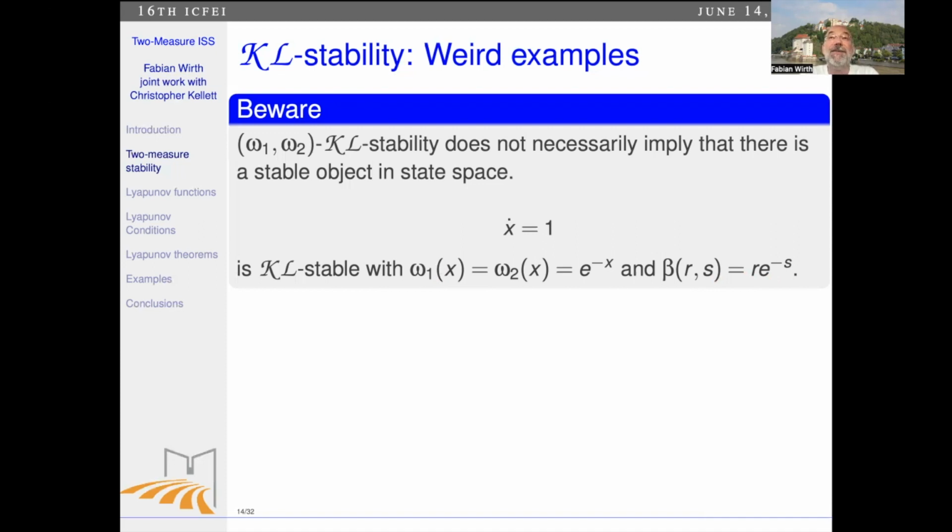So KL stability does not mean a priori that there is somewhere in the state space a stable object. That might be a drawback, but it might also be a feature, because in some situations you actually want to describe that the solutions you're interested in go to infinity. And that could be done in this way.